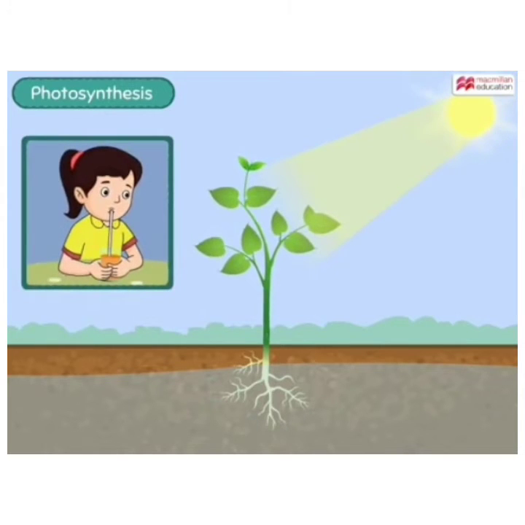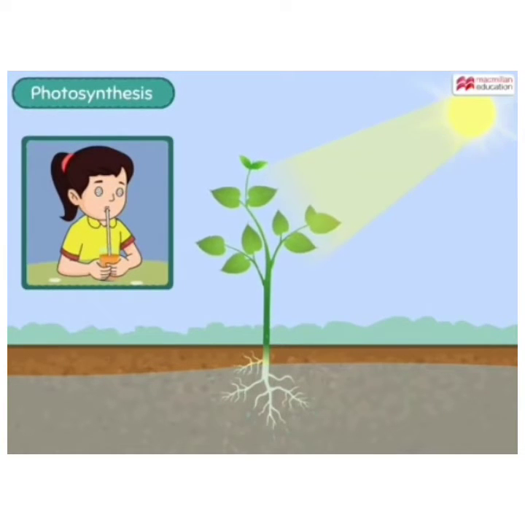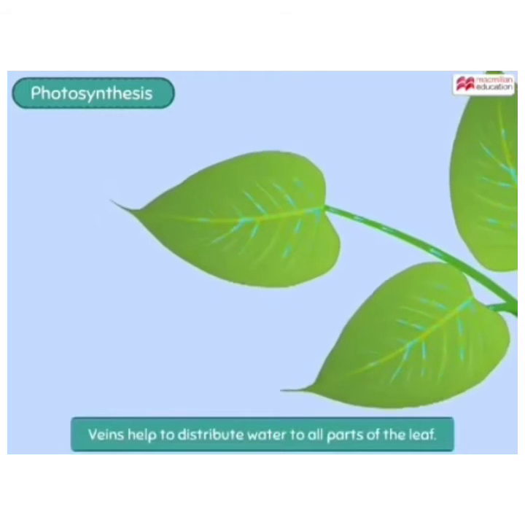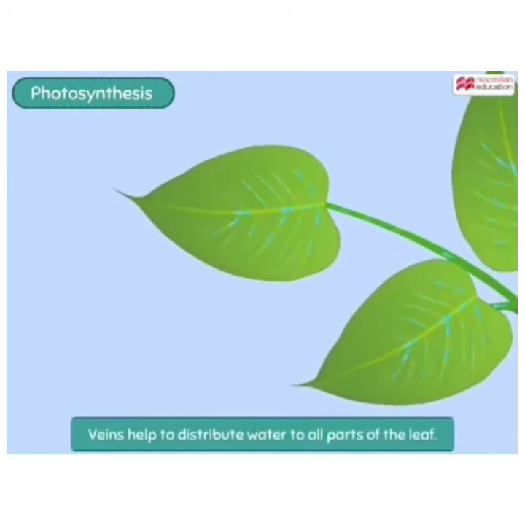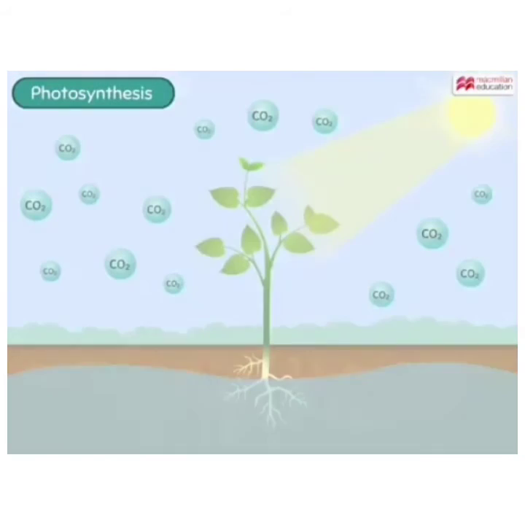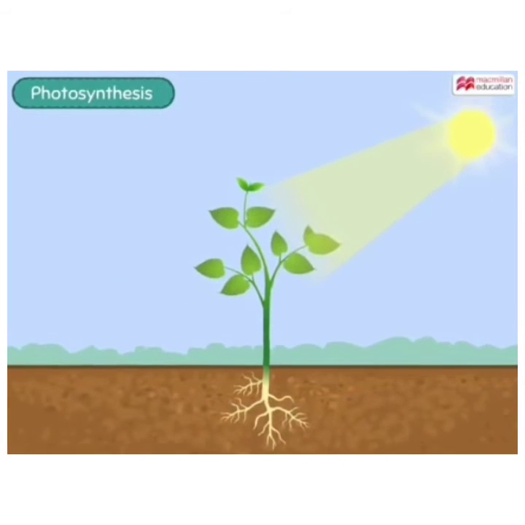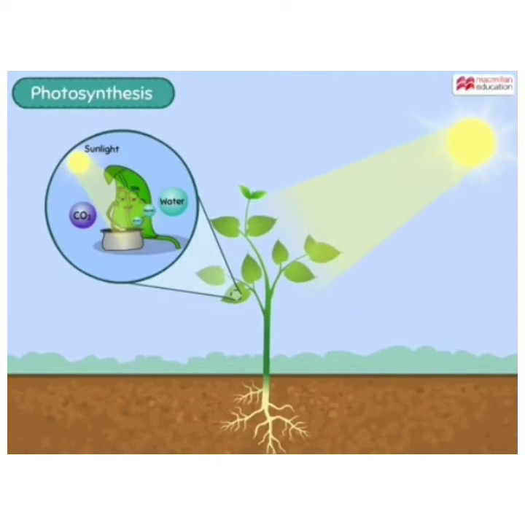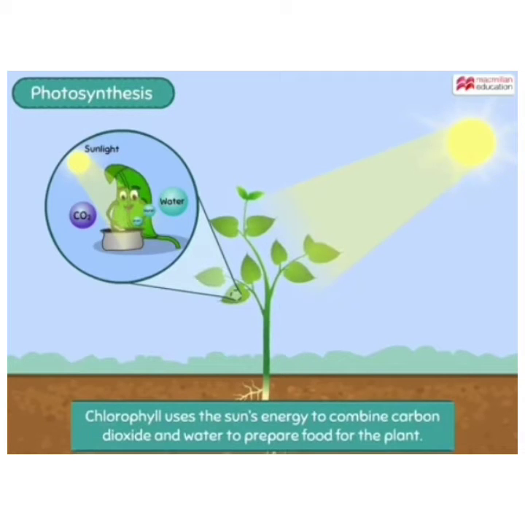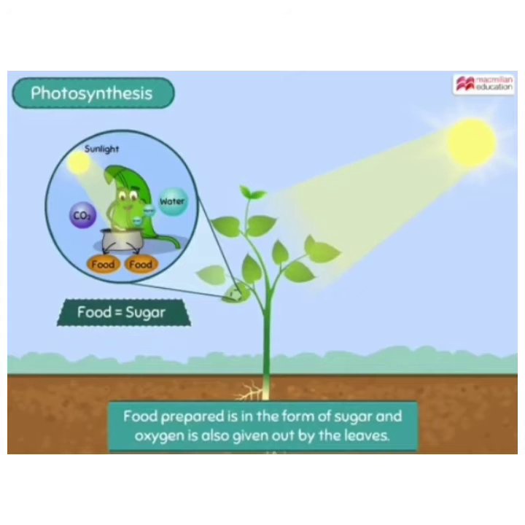Just like the straw that we use to drink juice, the roots and stems of a plant have narrow tubes that help carry water from the roots all the way up to the leaves. The veins help to distribute water to all parts of the leaf. And then the recipe is complete. Just like how your mother cooks food in the kitchen, the chlorophyll uses the sun's energy to combine carbon dioxide and water to prepare food for the plants.